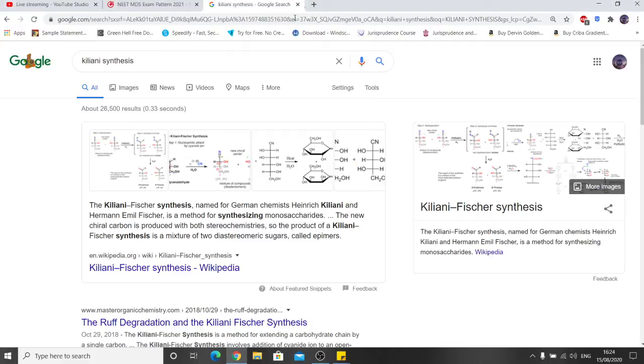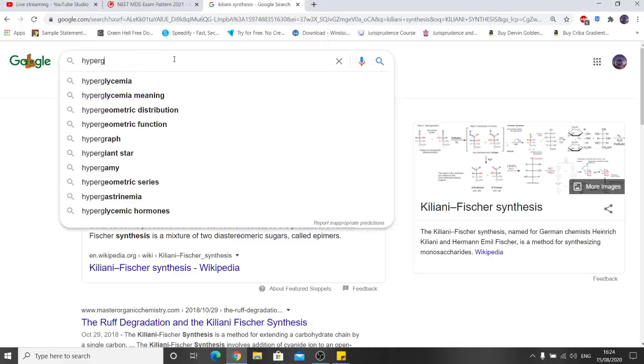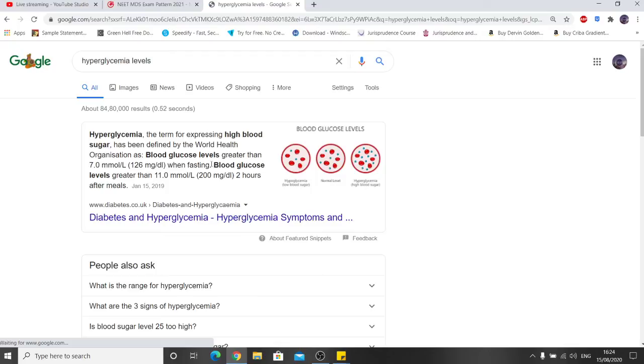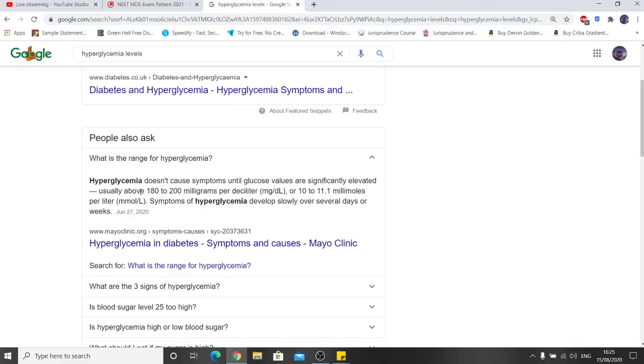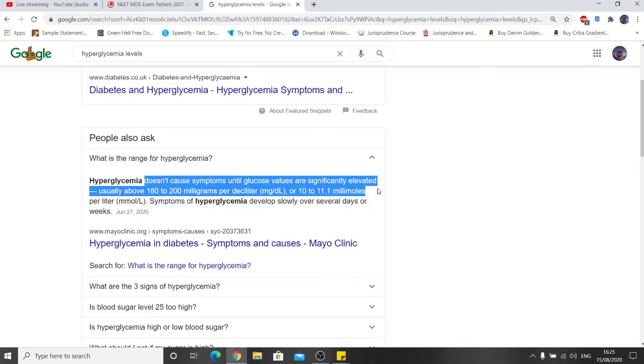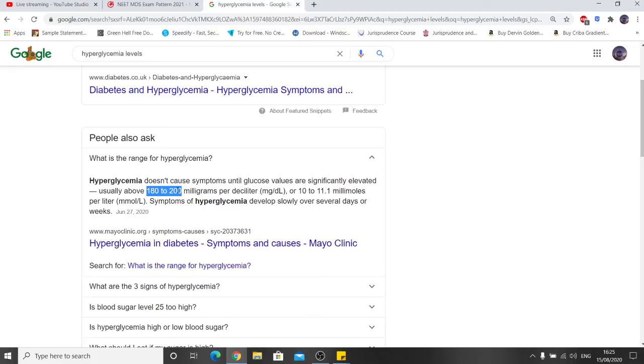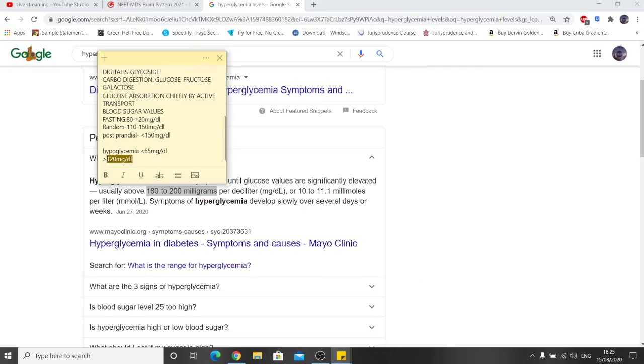Let's see on the internet again. Hyperglycemia does not cause symptoms until glucose values are significantly elevated, usually above 180 to 200. So hyperglycemia means greater than 180, sorry, hyper.